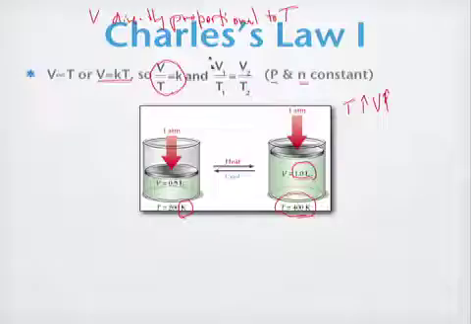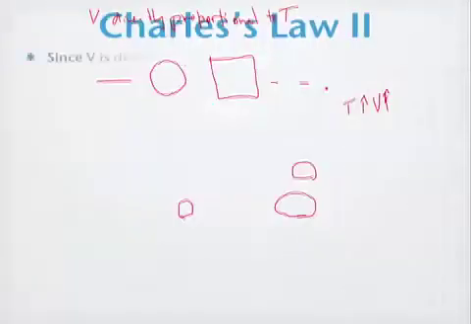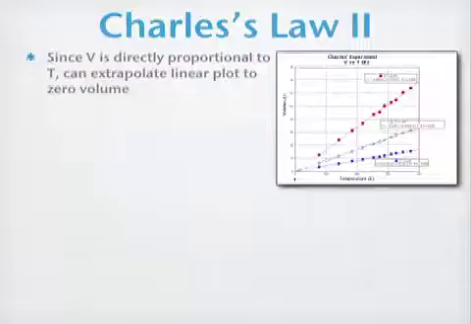Now, on the next page, we're going to see that the functional form for Charles's law is that at two different conditions the volume divided by the temperature is going to stay constant, and so V1 over T1 will give us V2 over T2. Now let's see something very important about Charles's law.